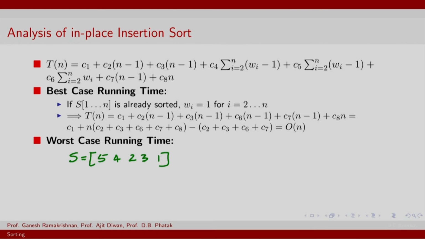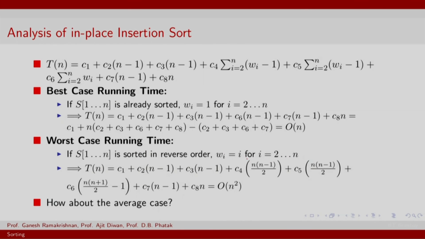For any of the elements, whether it is 4 or 2, you need to go all the way to the left because you are dealing with a new smallest element. So in all these cases, Wi for i equals 2 will be 2, then Wi for i equals 3 will be 3, and so on. So Wi will basically be i.